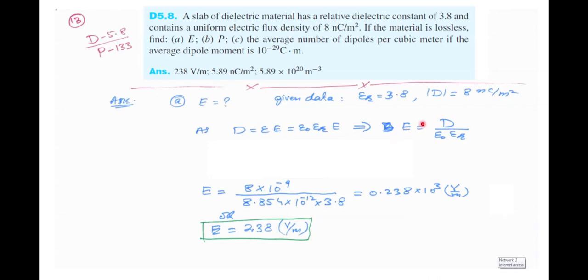So E field becomes equal to electric flux density magnitude divided by epsilon naught epsilon r. Plug in the values of D field and epsilon naught epsilon r, and we come across this value of the electric field, which exactly matches the answer given in the book.